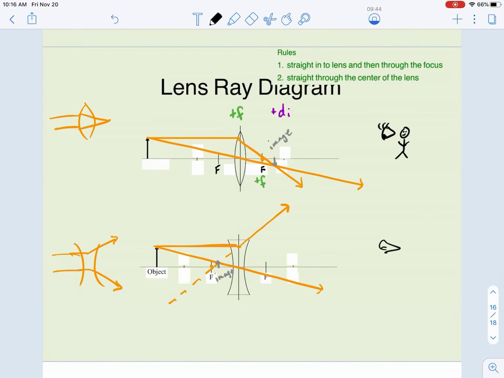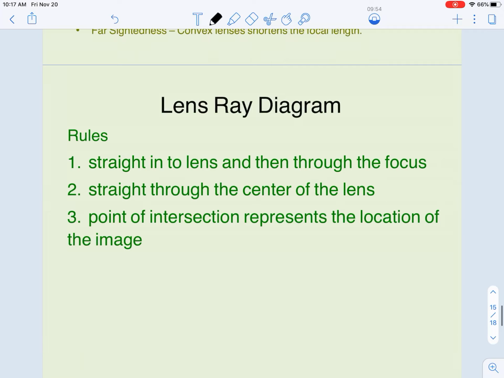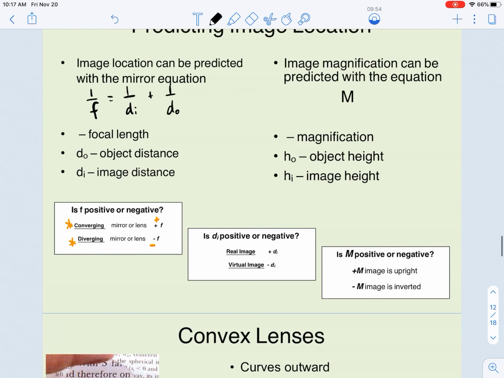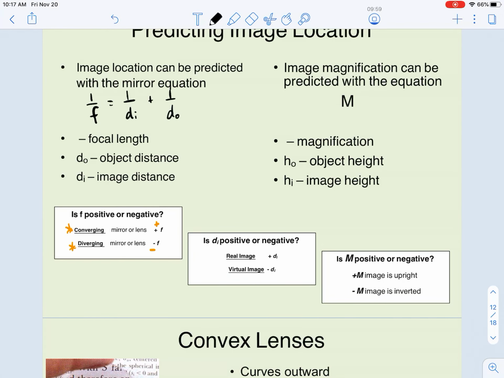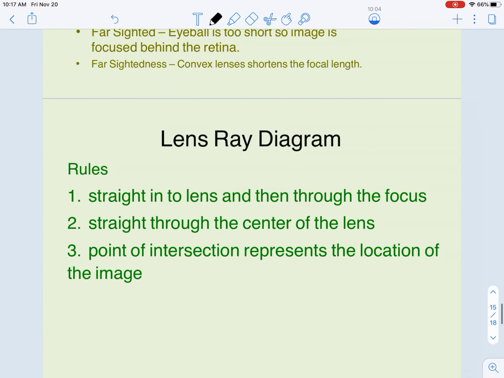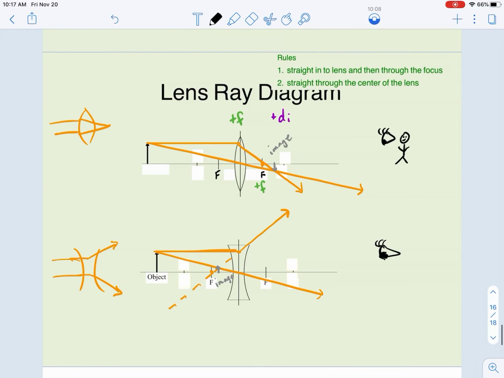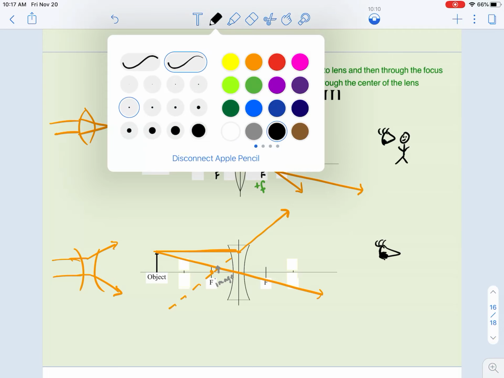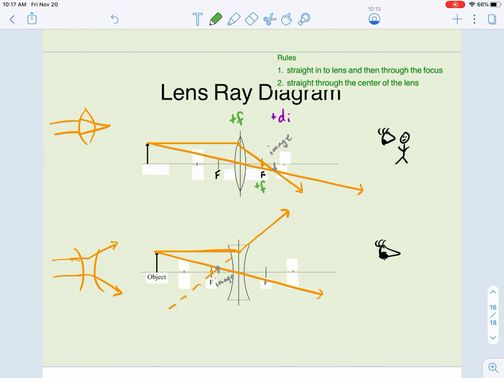So now I have a situation where my image is produced on the same side as my object. Once again, my observer is going to be over here on the right-hand side. Here's the eye of the person that is looking at our image. So we are going to go back to what we learned with our math. If the light diverges, we want a negative value for our focus.